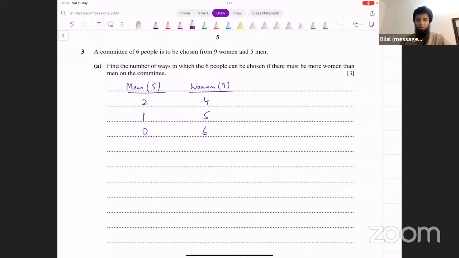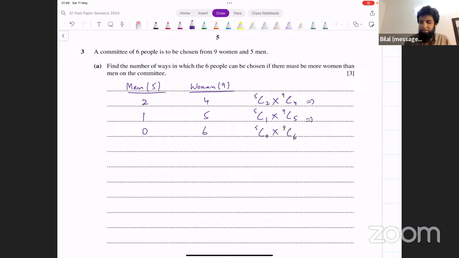All right. So what about the first one? Out of 5 men, we have to select 2. That's 5C2. And out of 9 women, we have to select 4. And then in the second case, out of 5 men, we have to select 1, and then out of 9 women, we have to select 5. And then finally, 5C0 into 9C6.